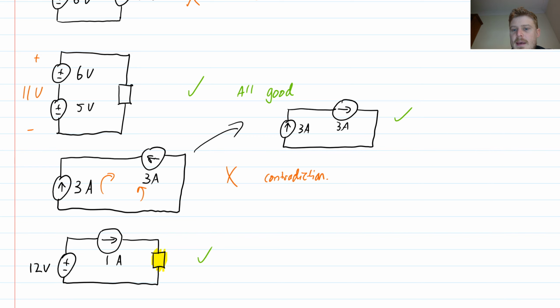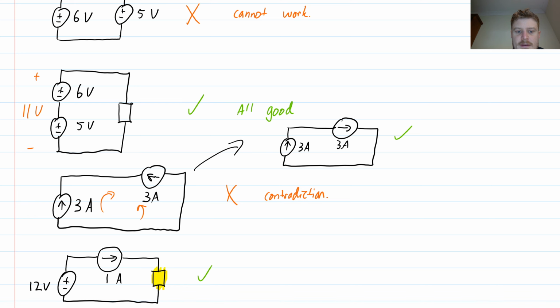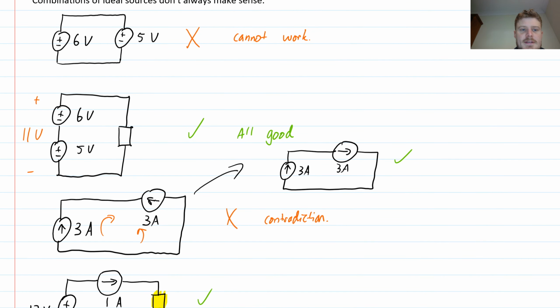They both agree on how much current should be flowing through this loop. And because they agree, it's all good. But if those numbers were different, if it was 5 amps instead of 3 on one of them, then I would have a problem because suddenly they disagree. So you're looking for cases where current sources disagree or voltage sources disagree on the voltage across a particular part of that circuit.